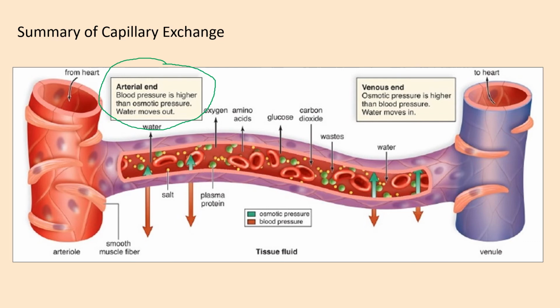And as that blood travels the length of the blood vessel, the conditions change. As the blood loses water and small solutes, the forces sum differently. At the venous end, the osmotic pressure inside the blood vessel, due to those proteins, is higher than blood pressure, and that's going to promote absorption.